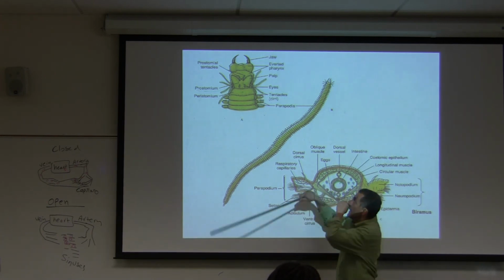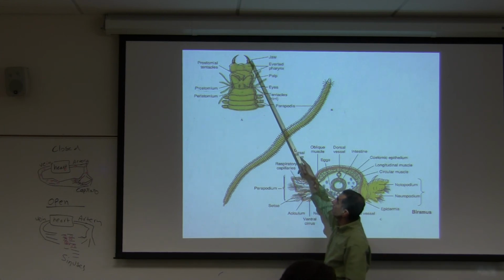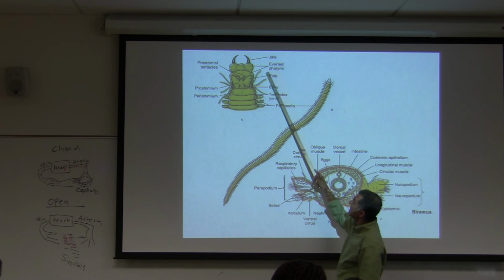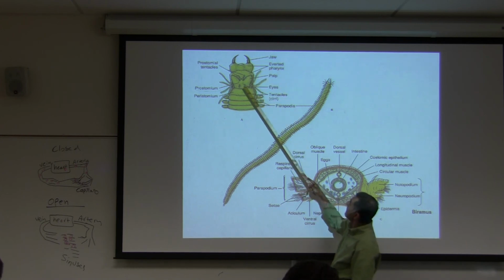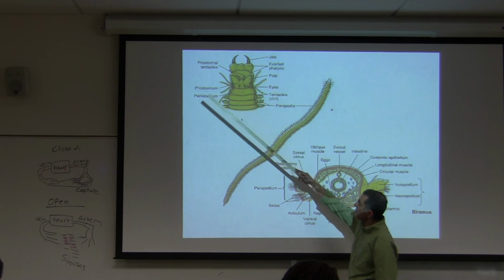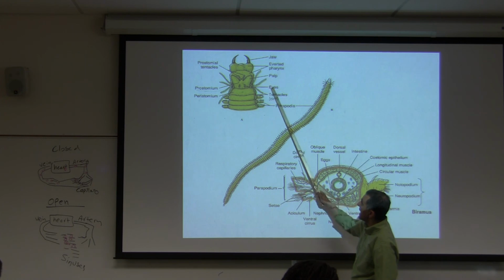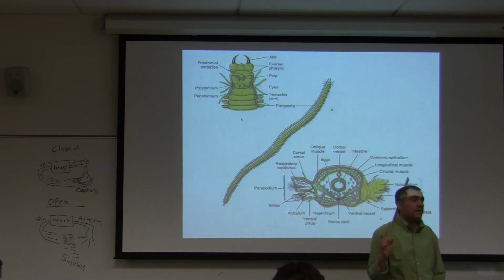Usually this first portion of the animal is everted, it's out, and the everted pharynx is inside. Then you have the sensory palps right here. You might be able to see them on a dissecting scope. Eyes, again, they have eyes, but these eyes are not forming vision.